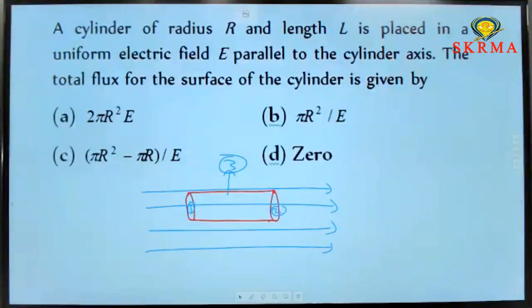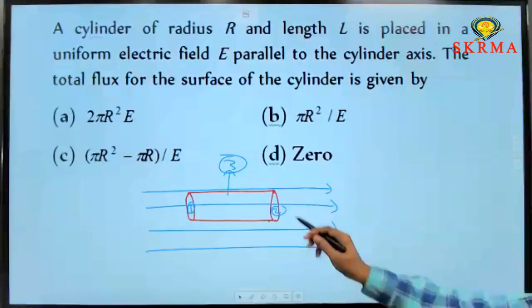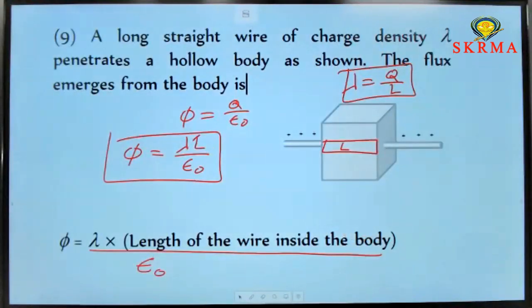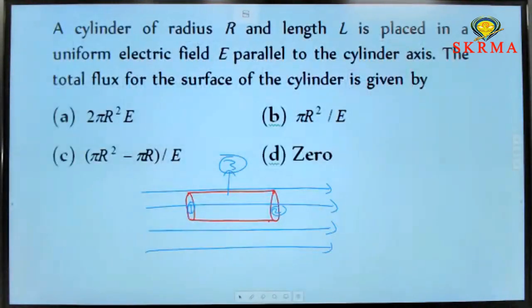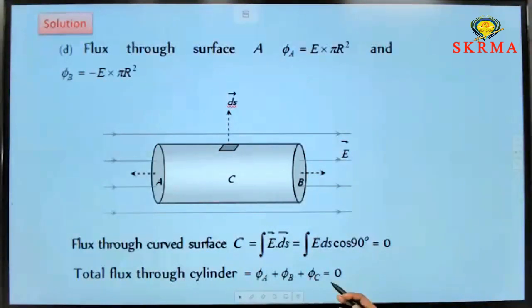For this one also, what is the answer? 0 is the answer, because the cylinder is placed in an electric field. If a closed object is placed in an electric field, then flux is 0. So 0 is the answer.